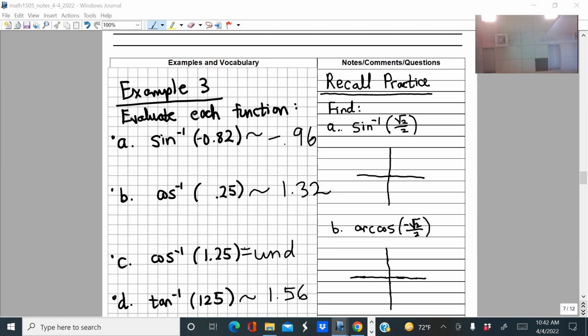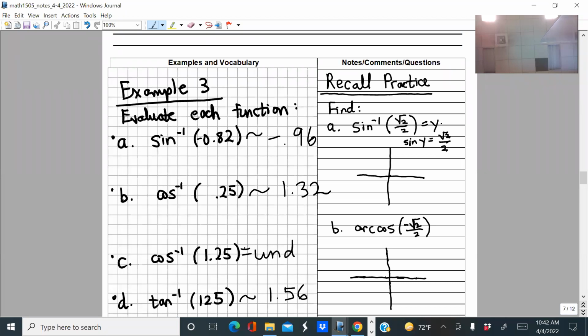Let me call that angle that we get back y. What do you know about that angle? The sine of y has to be this number, square root of 2 over 2. That's the way the inverse sine function works.